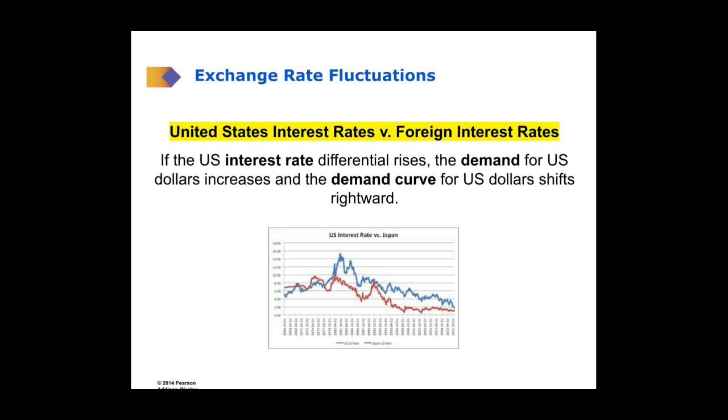People will want to exchange their currencies for U.S. currency so they can deposit it or make loans with U.S. banks and earn higher profits as a result. So if that opportunity exists because of higher interest rates in the United States, then there'll be more demand for United States currency. And the opposite is also true. If the interest rates go down in the U.S. vis-a-vis other countries, or the rates go up somewhere else, then the demand for the U.S. currency will go down as a result of that.